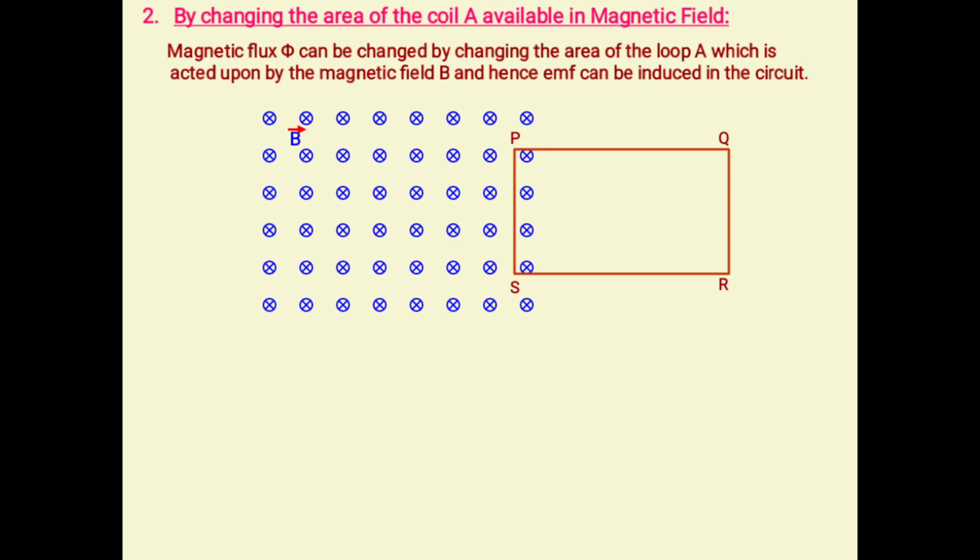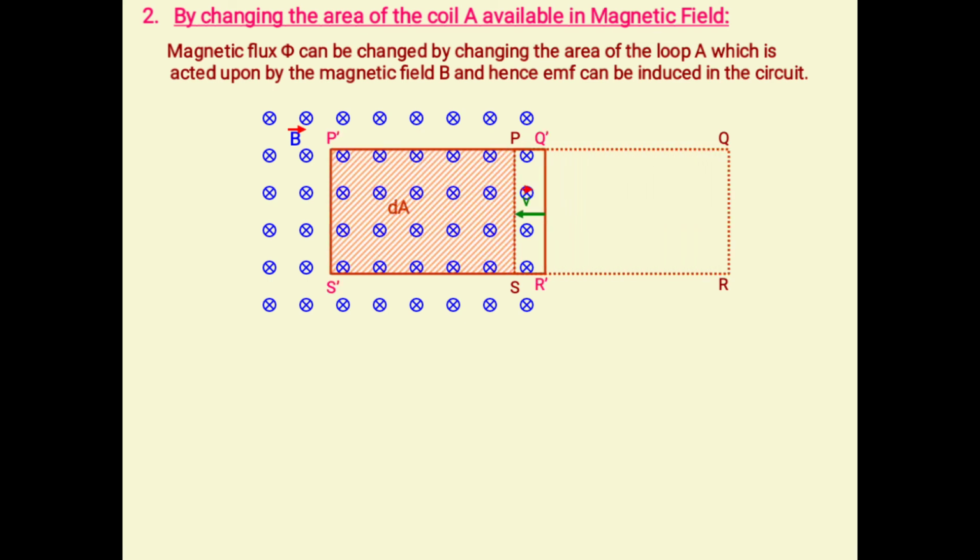If we move the coil inside the magnetic field, the area increases, and whenever there is a change in area, definitely there is a change in flux. Therefore let L be the length of side PQ, it is PS, and S dash S is vdt. vdt is the distance through which the coil moved inside the magnet.